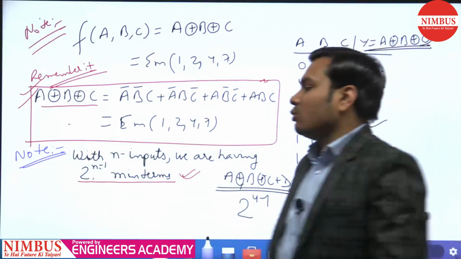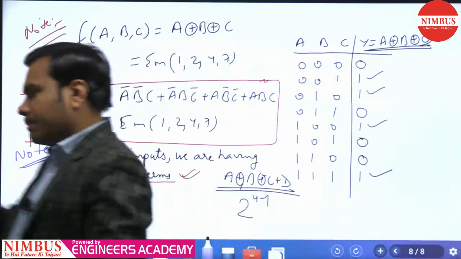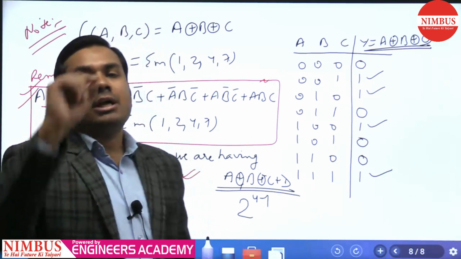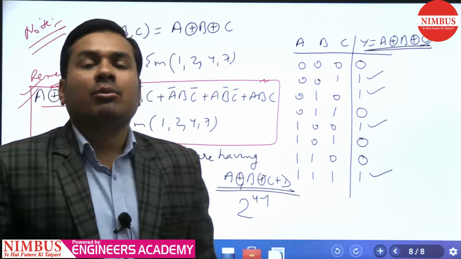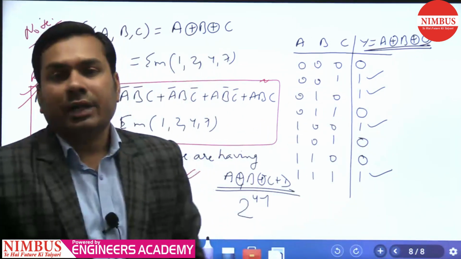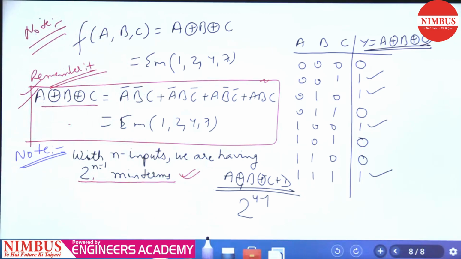So if the question asks for A XOR B XOR C XOR D, the number of minterms, we can directly say according to 2 raised to n minus 1 that it is 8, instead of solving like this. So that is our second note of XOR.